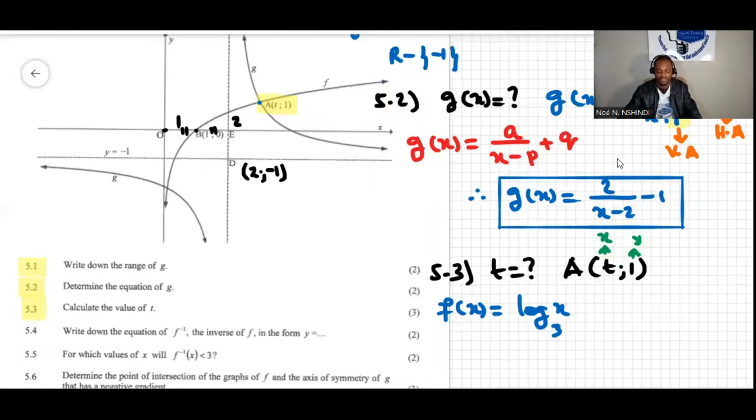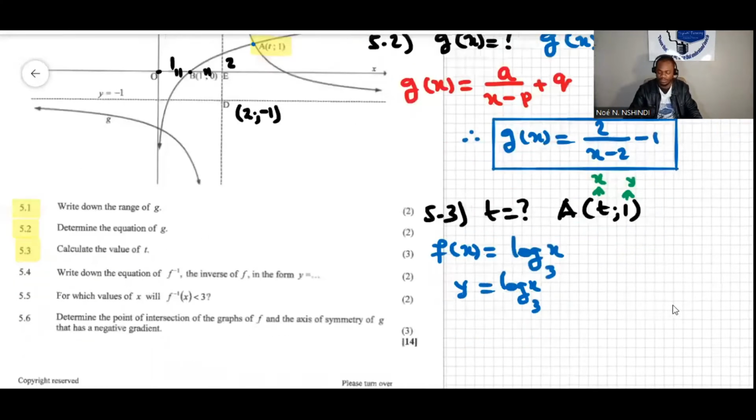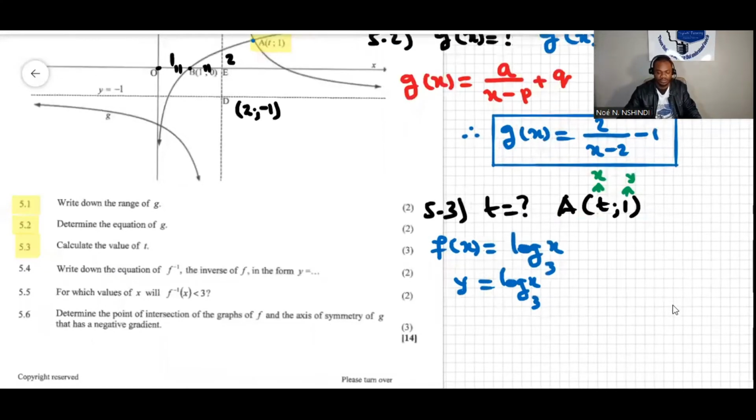Remember, f of x is the same thing as y. So we can just say y equal to log of x base 3. Now we can sub in the values of x and y. So the values will be log base 3, the value x will be t, and then y is 1. Now I can reverse this order.